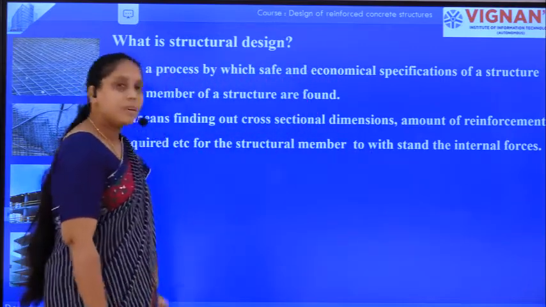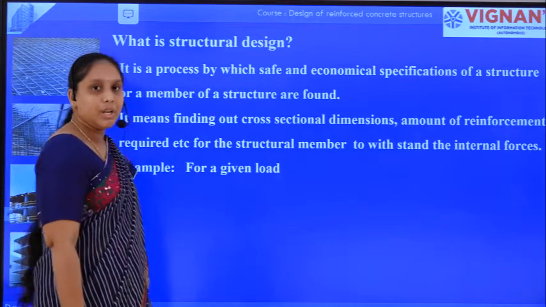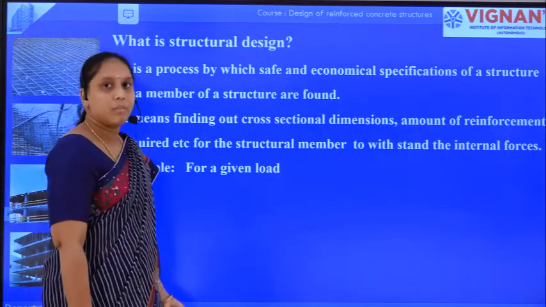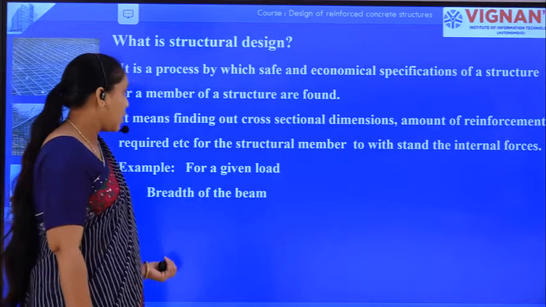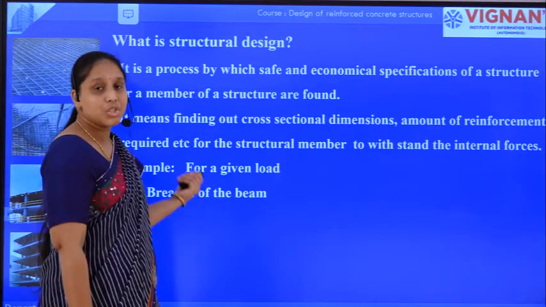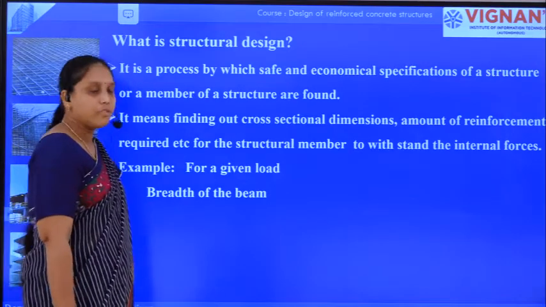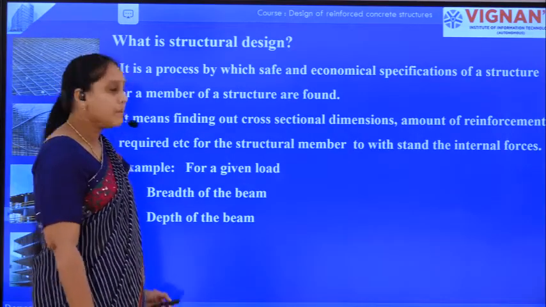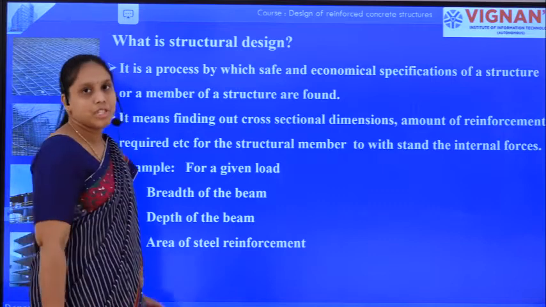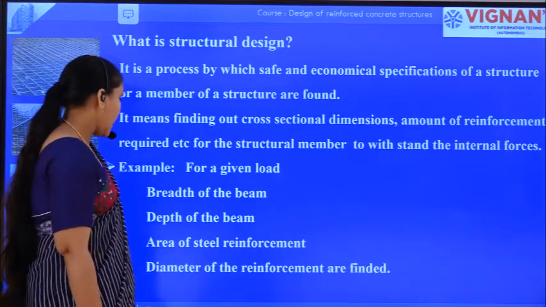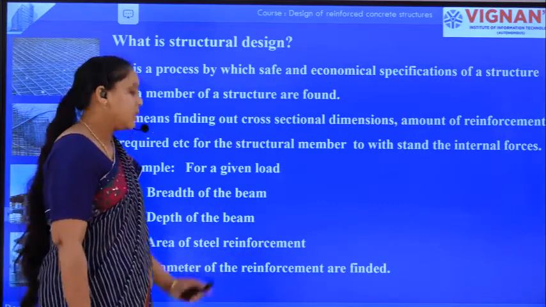Here I have taken an example, the example of a beam. For a given load, structural design, in the sense, we are going to find out the breadth of the beam, the depth of the beam, the area of steel reinforcement required, and the diameter of the reinforcement.